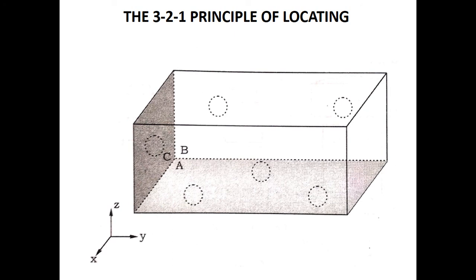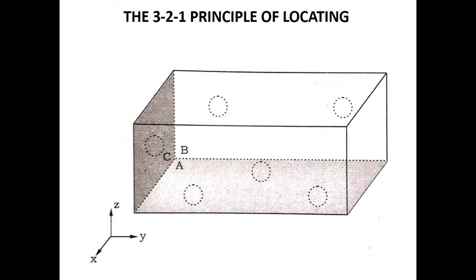This plane is called the secondary plane, and these 2 pins arrest one linear movement along the minus x direction and 2 rotations about the z axis. So now 5 plus 3, 8 degrees of freedom are arrested.